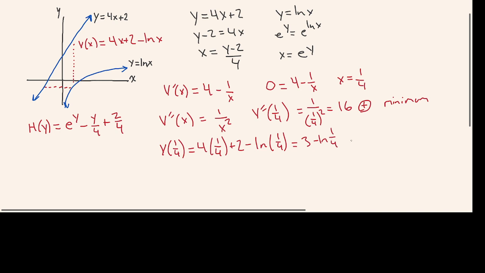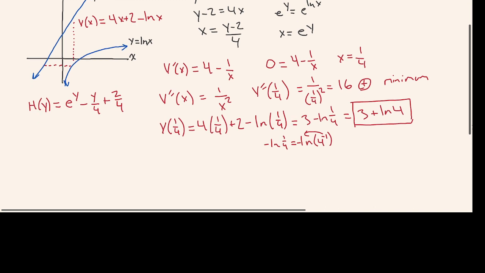And remember, the natural log of 1 over 4 is equal to the natural log of 4 to the negative 1. And we can pull out that negative 1. So that will be equal to 3 plus the natural log of 4. So this is the solution for the minimum vertical distance.